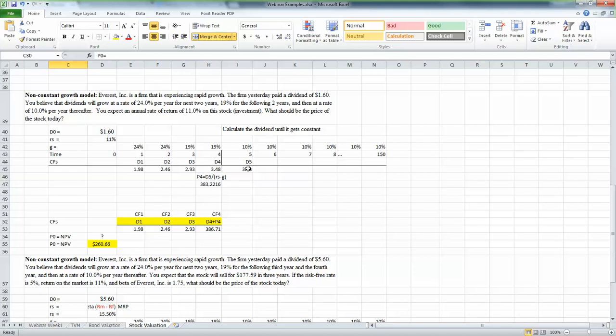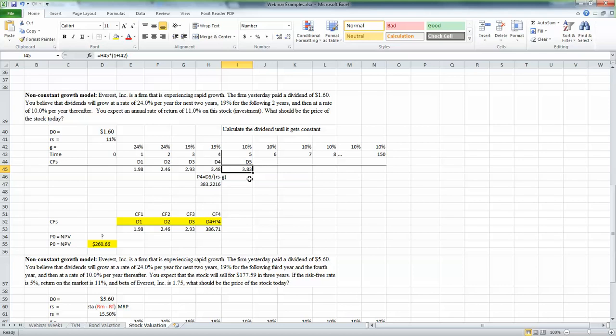All right. So what we are doing here is we are finding D1, D2, D3, D4, D5, because the fifth year is constant, right? So find dividend until it gets constant. Okay. Then in the beginning of that constant year, find the stock price.